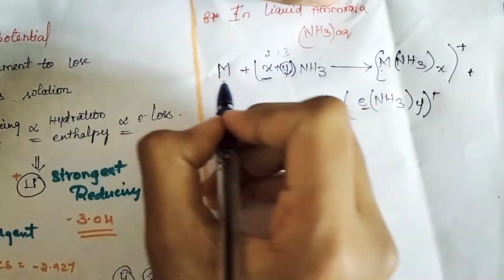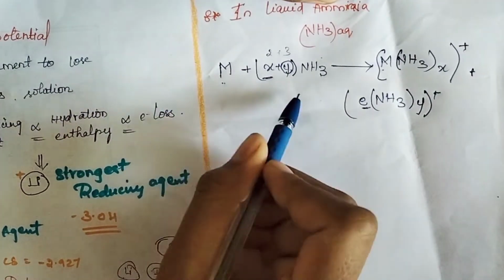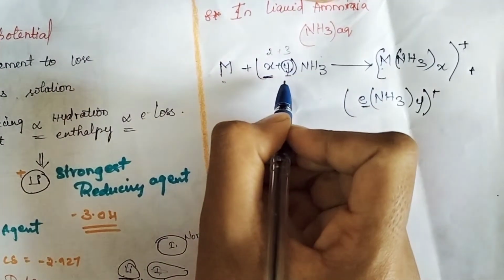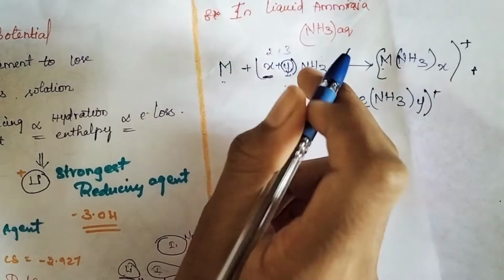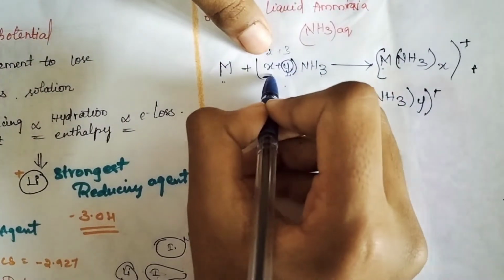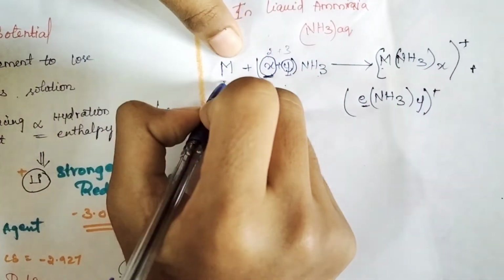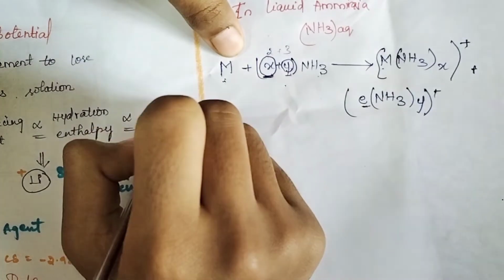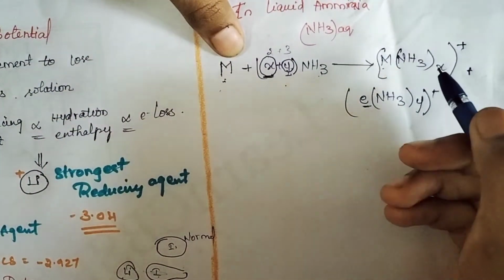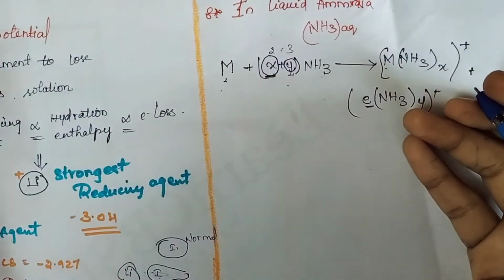Be clear with this. Metal, any metal of the S block, that is alkali metals, reacts with liquid ammonia with X plus Y moles. Okay, X plus Y moles you are adding to this metal, and this X moles react with this particular metal which you have taken, and forms aqueous cation, that is ammoniated cation.